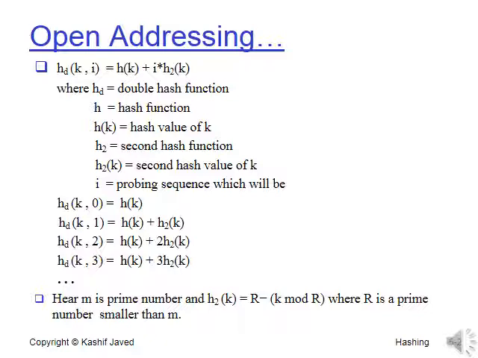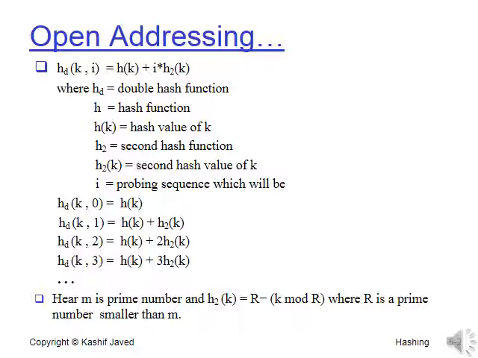Here m is a prime number and the second hash function equals r minus k mod r, where r is a prime number smaller than table size m. Example, if m equals 37, we may pick r equals 23 or even r equals 11, as long as it's a prime number, and it should be less than table size m.